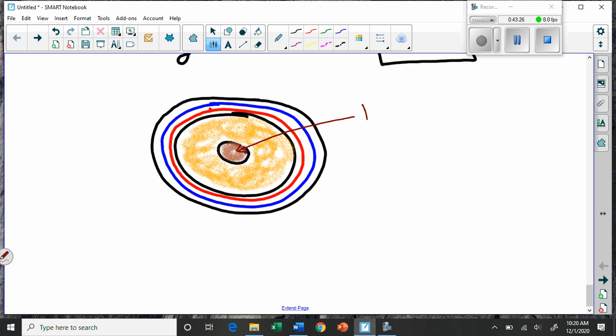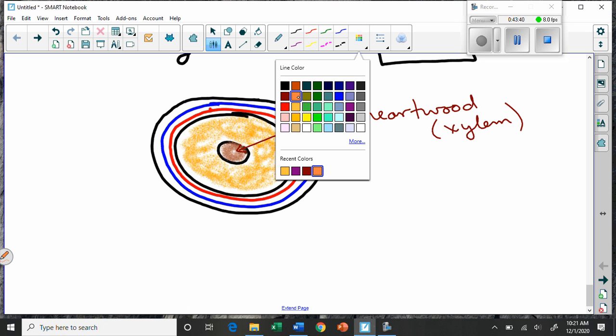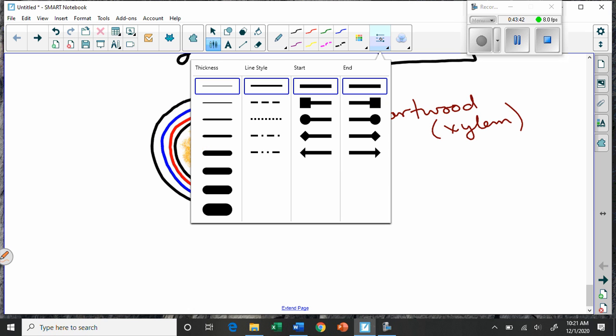That's the heartwood, and it's basically xylem tissue, but non-functioning anymore for water transport, that is. Then I'll get my other brown color here. I can't get this to listen to me. It's doing weird things today.